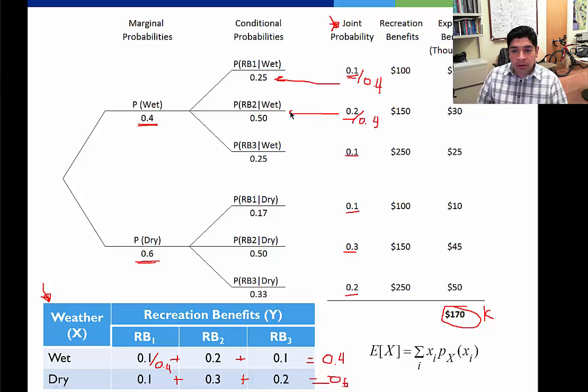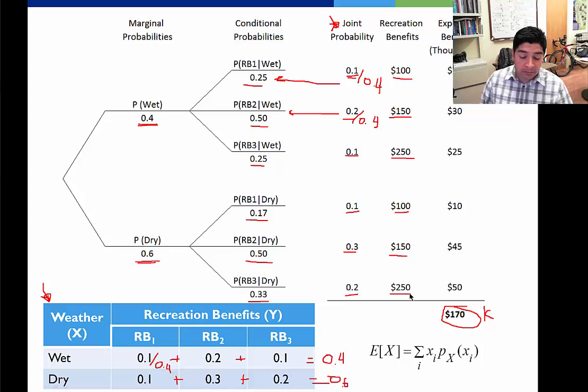And this is interesting because once you know that you are in a wet condition, you can say the probability of this park receiving a lot of money is 25%. There is a 50% chance that we're going to receive 150, and there is a 25% chance that the recreational benefits will be small, 100K. If we are in a dry condition, there is a 17% probability that the benefits will be small, a 50% chance that it will be this much, and a 33% chance that it will be very large benefits.